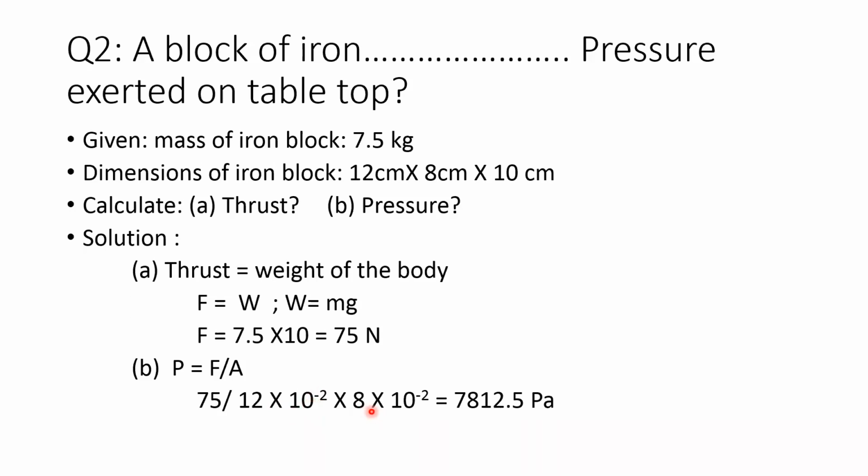And then 8 centimeter will again be converted into meter, that is again multiply with 10 raised to power minus 2. When we solve this, we'll get pressure 7812.5 Pascal. Okay, got it? This question clear, everybody?